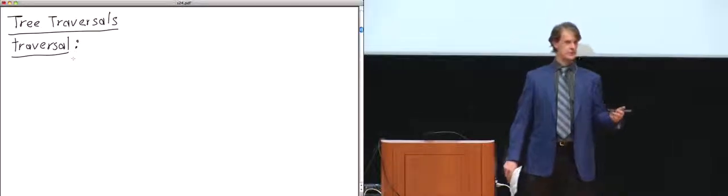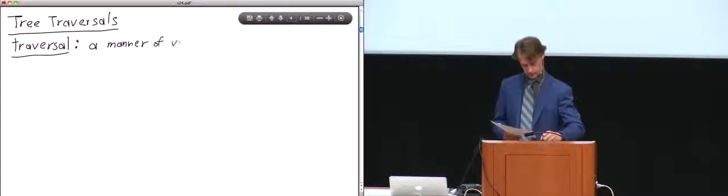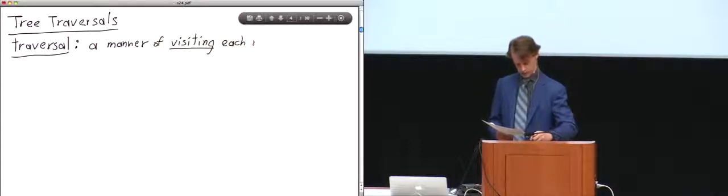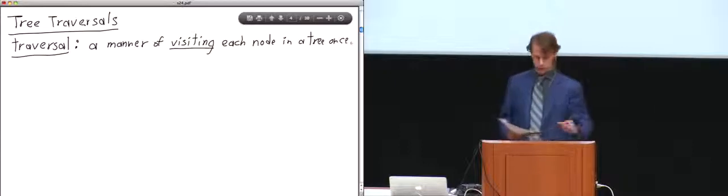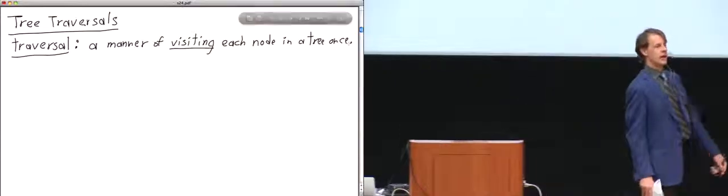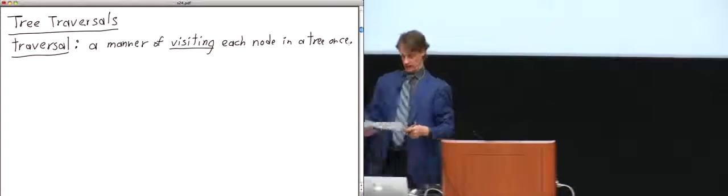And there are different traversals that visit the nodes in different orders. So this may or may not be an answer to your question, sir, about searching through a tree.